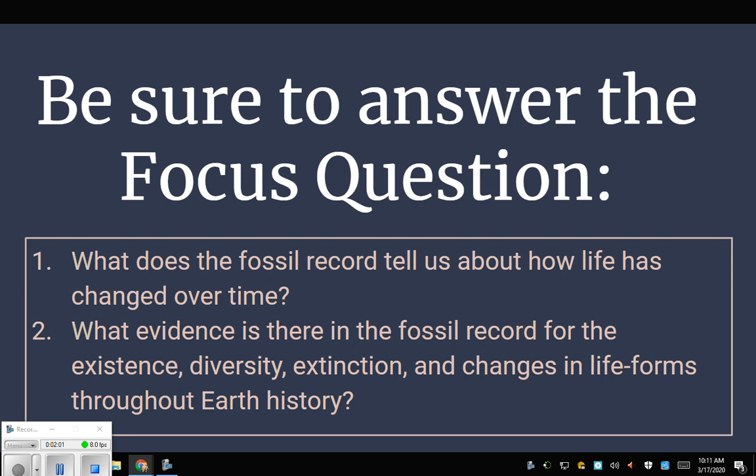We understand the diversity, what's different among the things that existed, because of how they were created and who they are and how they lived. We also understand how things have changed over time, like the fish we talked about. They started with fins and now they have feet. Even humans, people think we were monkeys, and now we're walking on two legs, and we can talk and walk and do all these other things. But these are things that are important for us to understand our Earth's history. So make sure you can answer these focused questions.